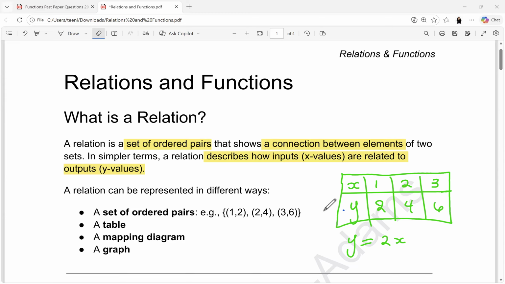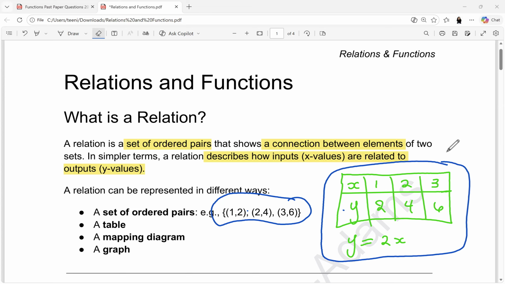All right. So this is your set of ordered pairs when it's written like coordinates. Here is a table of values. You can also have a mapping diagram. Last time we looked at mapping diagrams. That's like the two ovals with the lines connecting them, right?